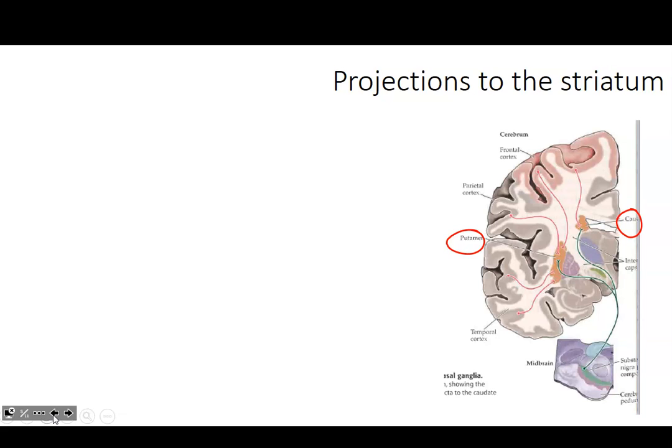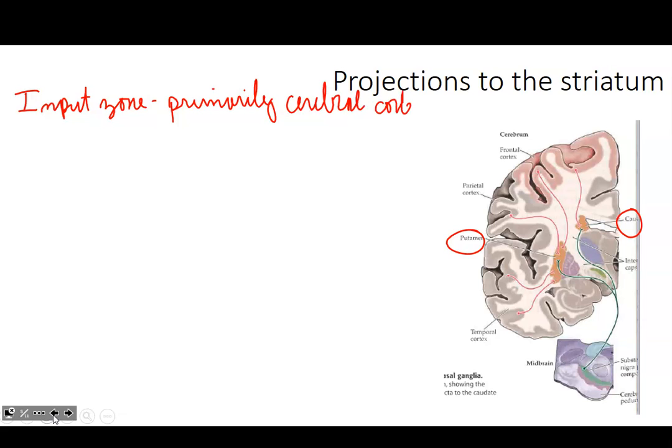And so the so-called input zone is neurons from other parts of the brain, primarily the outer cerebral cortex, bringing in information.